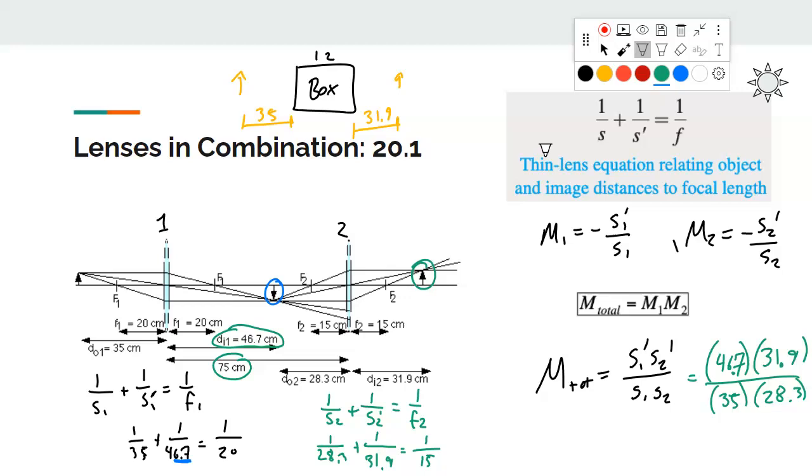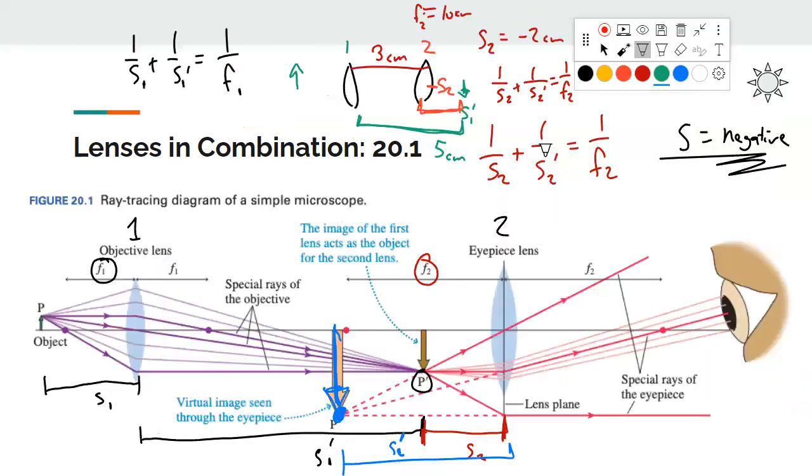I know it's quite a bit. Yes. Is the magnification always going to be positive when you have two lenses, since the negative signs cancel? So it can be, but remember that our S primes or our S's in the case of multi-lens can be negative. So in the example of this now heavily written on diagram, our S1 and our S1 prime are both positive.